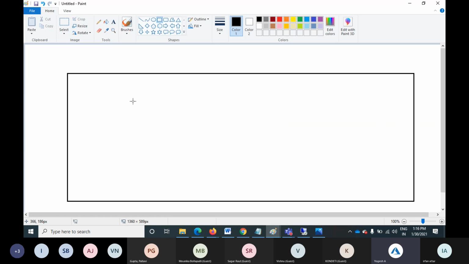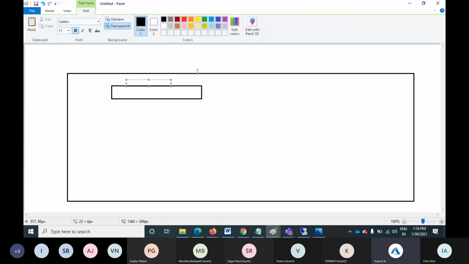So let's take an example like you have deployed one VNet, let's say production VNet, and that particular VNet is, let's take a simple example, 172.30.0.0/16.